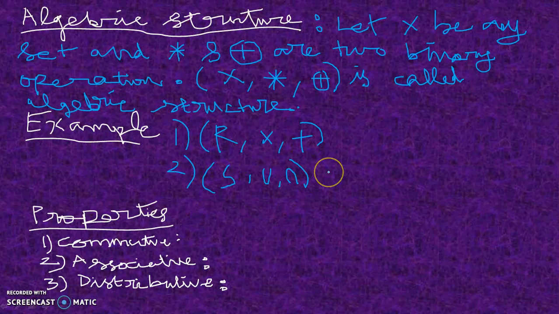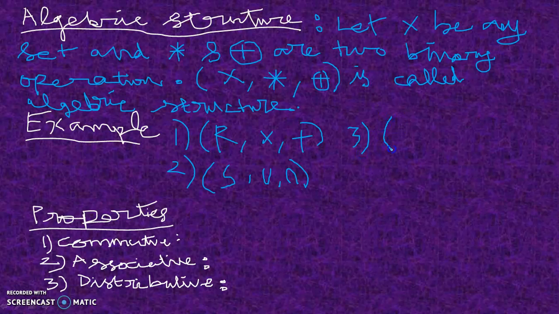Similarly, in discrete mathematics also, we can take a set of logical sentences. We can take what we call true or false. Am I correct? True or false. In that we apply so many rules there, OR and AND. That is also a good example for algebraic structure. So the third one I can take is a logical theory, discrete mathematics.